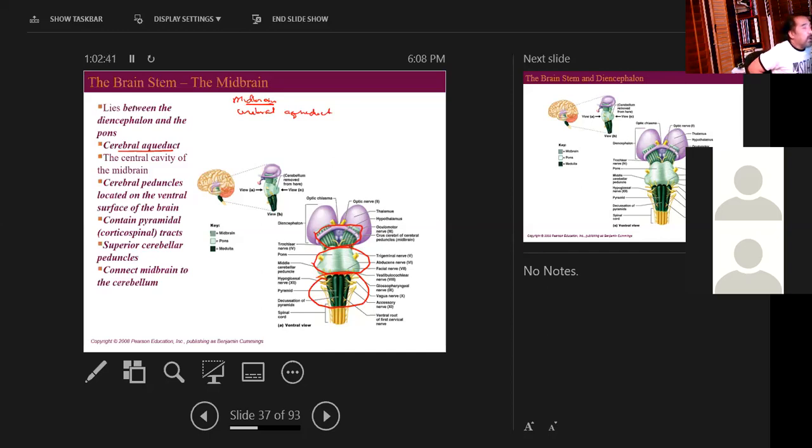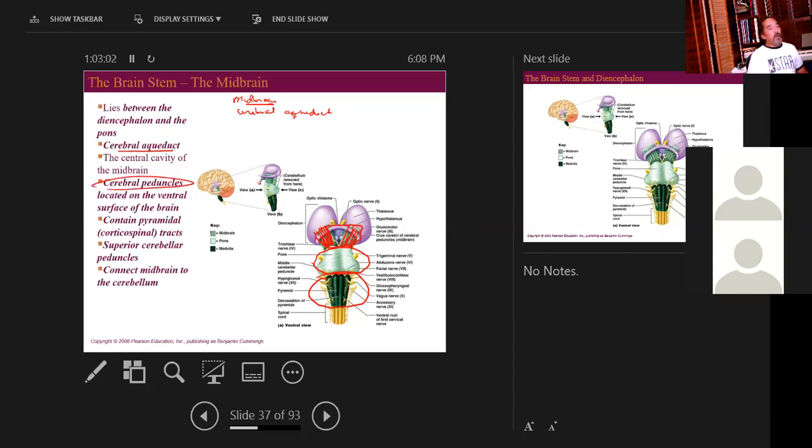Now the cerebral peduncles, the structures here that go to the front of the midbrain, the medium green colored structure, that is called the cerebral peduncle.